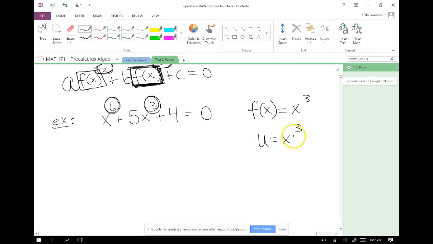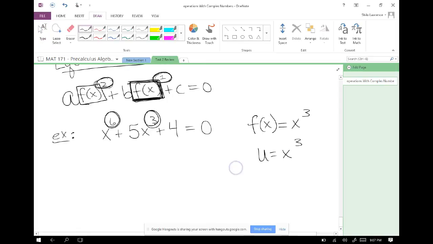I'm going to say u is x cubed. If that's true, and I know that 6 is double 3, that means u squared is going to be x to the 6th. And I can rewrite this entire equation to look like a quadratic with the u's.